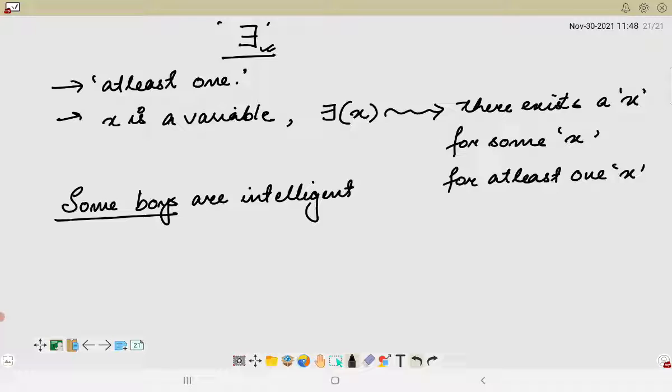So suppose I'm using this for x: for x, if x is a boy, then x is intelligent.